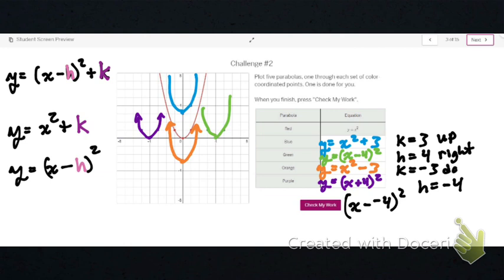This one moved down, and this one moved to the left. Take notice that the horizontal movements are your h's, and then your up and down movements, those are your k's. And these guys right here are your k's.